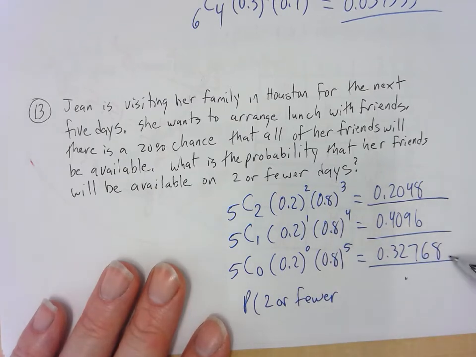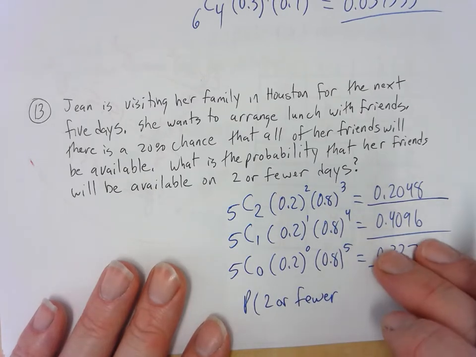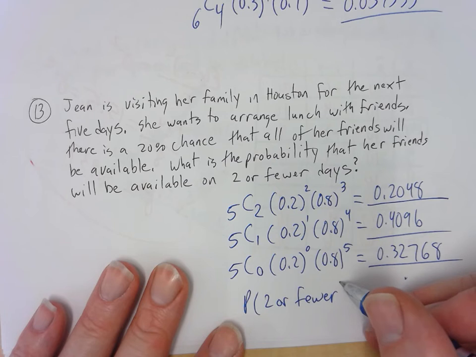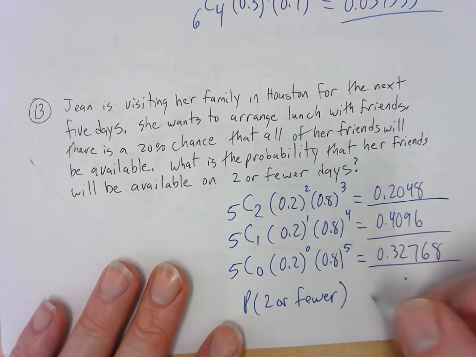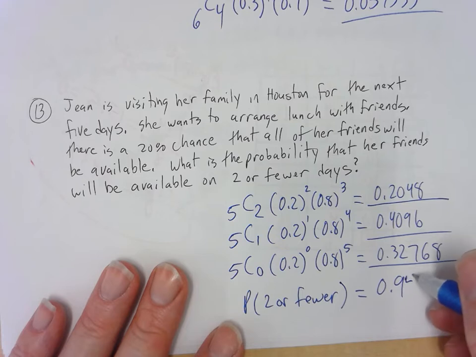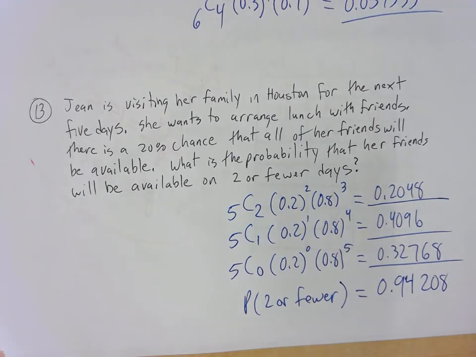We don't want that to happen because we want her to see her friends. So there's a 60% chance that we're going to be able to see the people. 2 or fewer would equal 0.94208 if we add all those together.